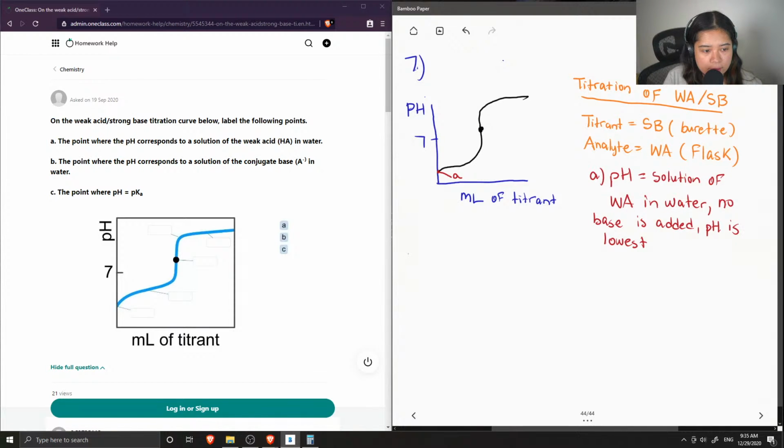And now let's look at point B, the point where pH corresponds to a solution of the conjugate base in water.